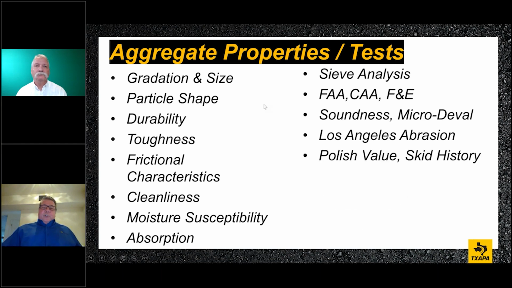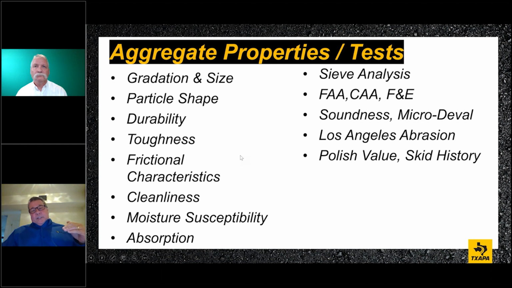We got frictional characteristic tests. That's our polish value. And that polish value reverts back to a skid history. What we're trying to do is lower our wet weather accidents on our roadways by having aggregates that polish less. And again, I'll show you some of those coming up here, Jim, in a second.